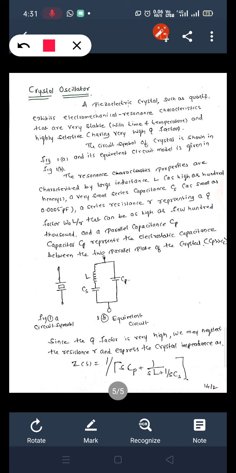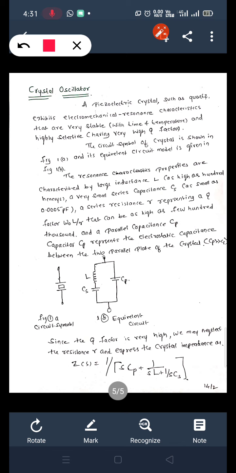A series resistance R represents the Q factor, equal to omega naught L by R, which can be as high as a few 100,000, and a parallel capacitance CP, which represents the electrostatic capacitance between the two parallel plates of the crystal.